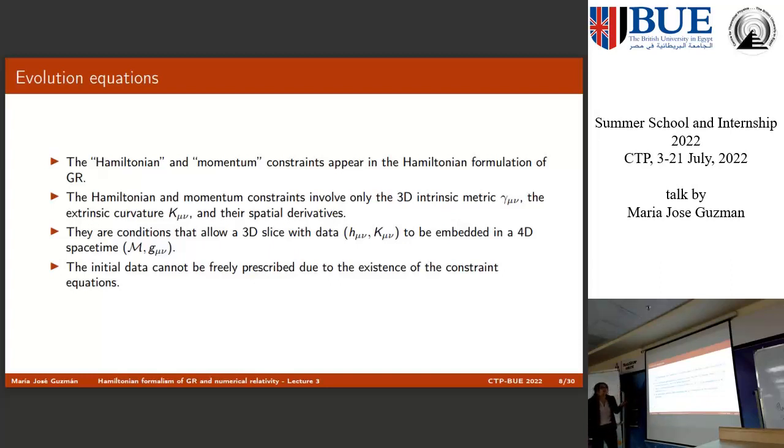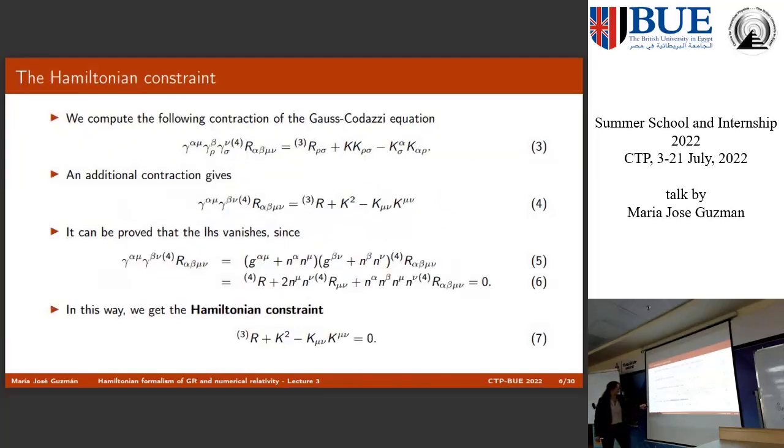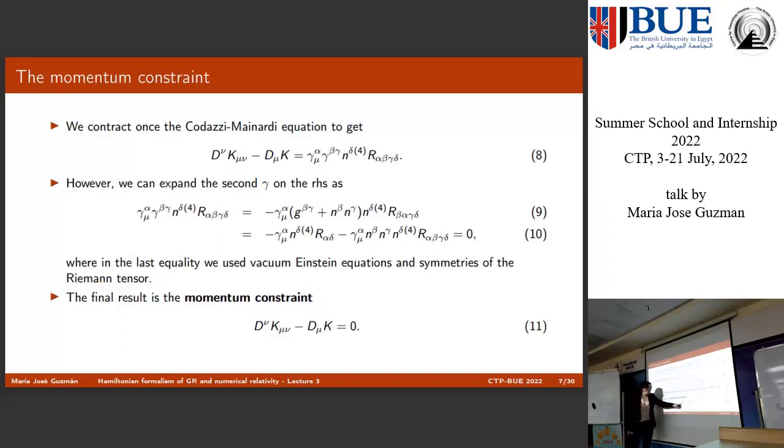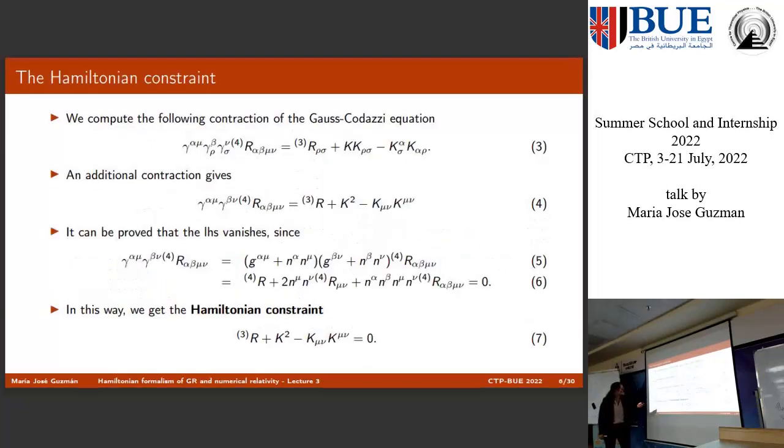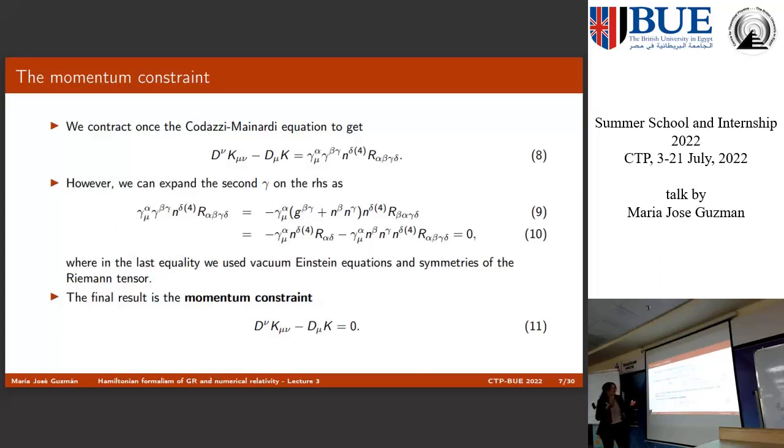These constraints also appear, of course, in the Hamiltonian formulation of general relativity. There are 4 constraints, because this is one constraint of only scalars, and these are 3 equations, because these indices go spatial. These derivatives go spatial finally, and these also go only spatial. So it is 3 momentum constraints, 1 Hamiltonian constraint, then it's 4 constraints.